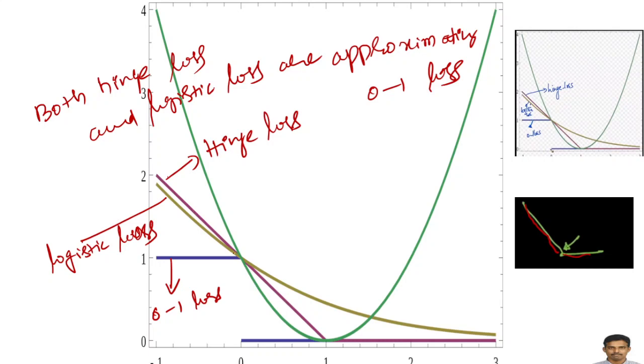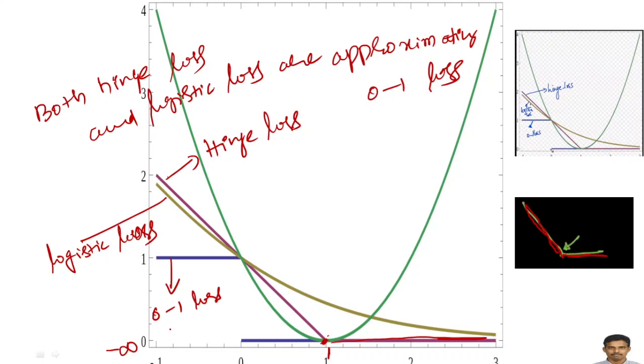This hinge loss is a straight line from -infinity to 1. And from 1 onwards, the hinge loss becomes 0.